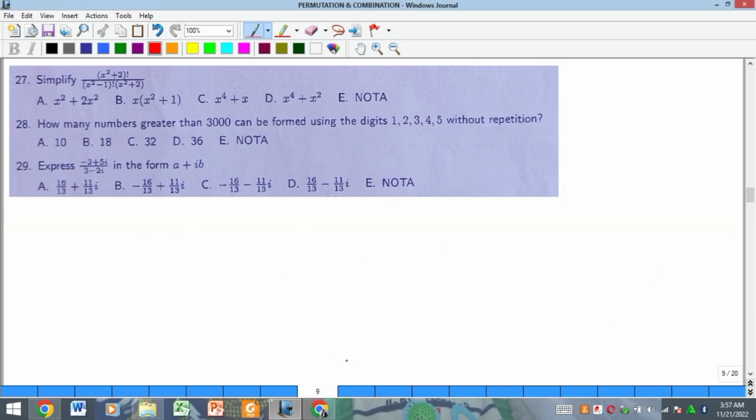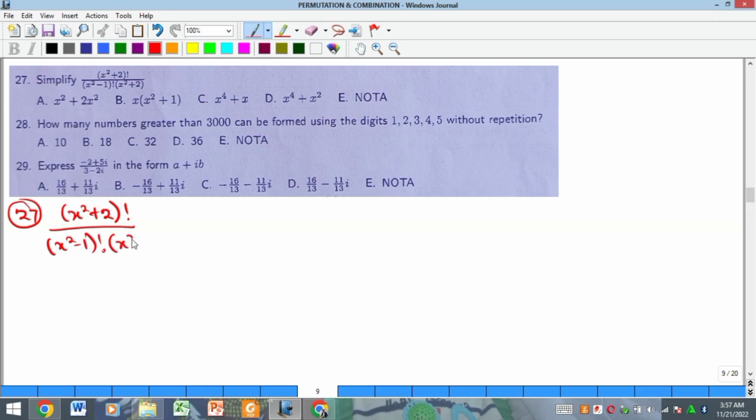So to number 27, they ask us to simplify this. This is from factorials. And of course, you can find the video on factorial in our channel here. So we have x squared plus 2 factorial all over x squared minus 1 factorial.